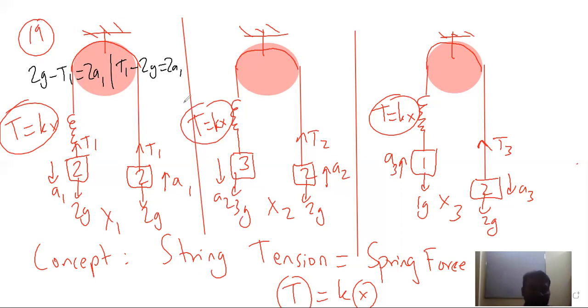So from this, we will get the equation. In this case, on solving, I want to find the value of tension. So 2G minus T1 is T1 minus 2G. So 2T1 equals 4G. So T1 is 2G. So in the first case, we have T1 as 2G.